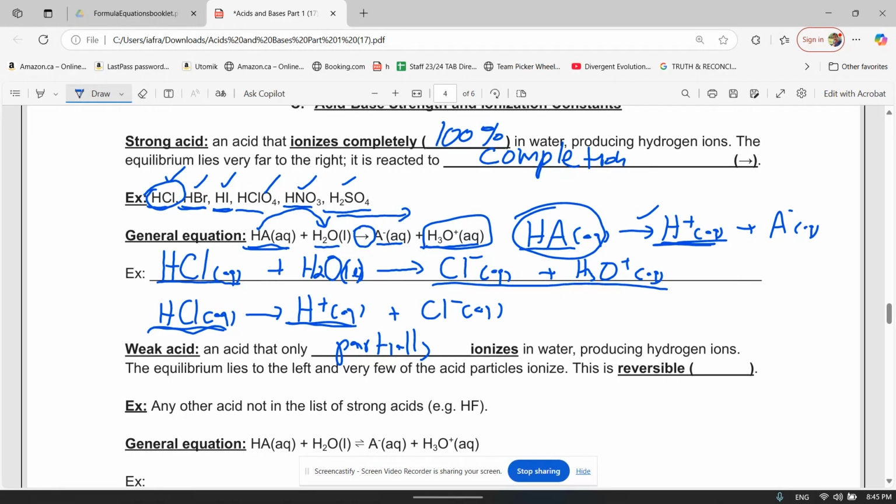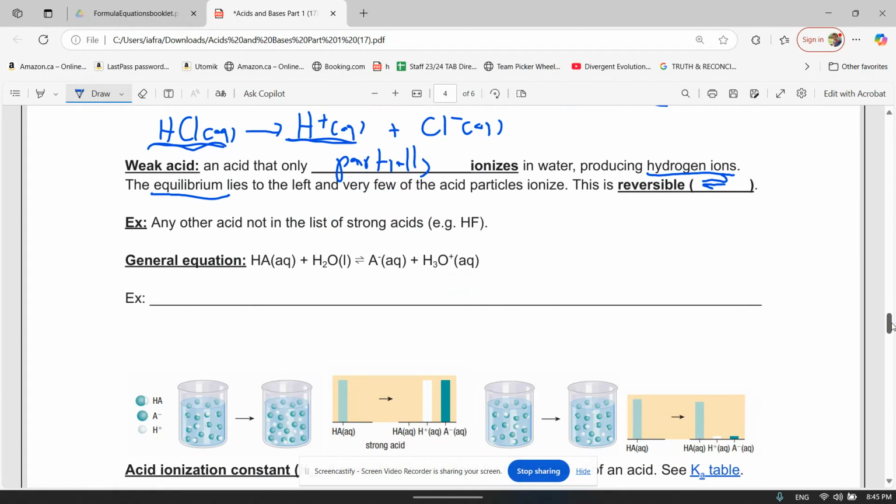So what it'll do is it'll produce some hydrogen ions, or hydronium ions more specifically, but there'll still be some of the weak acid left. And the way you would signify that is that you actually have an equilibrium. The equilibrium lies more to the left side, and you don't have as much H plus being produced in solution. It's a reversible reaction as well, so we're going to have our double arrows there.